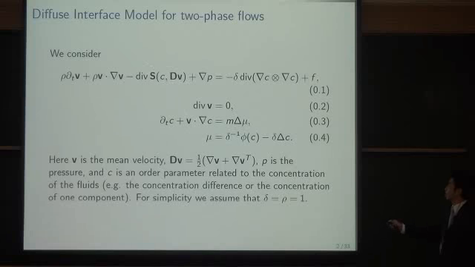And we consider two-phase, so this is regarded as the concentration of one fluid or the difference between the concentrations of the two fluids. And dv is the symmetric gradient of the velocity, and p is pressure here.